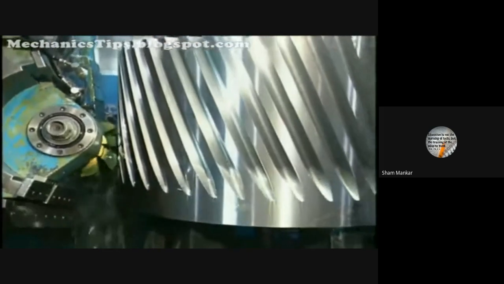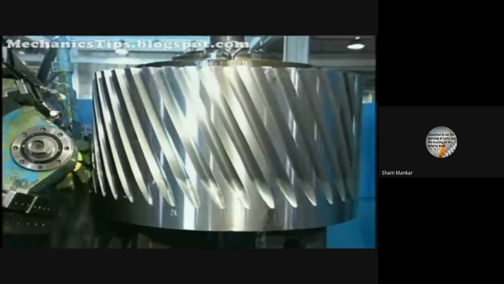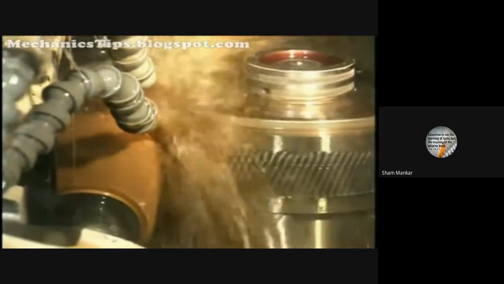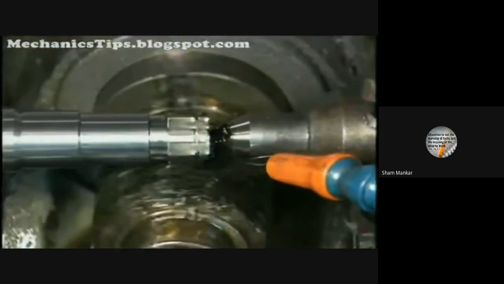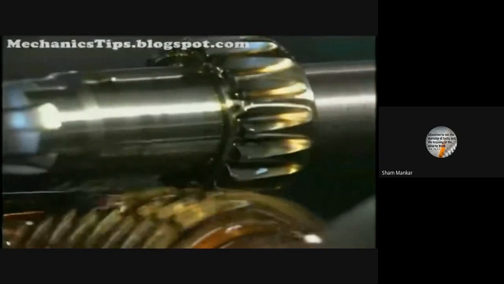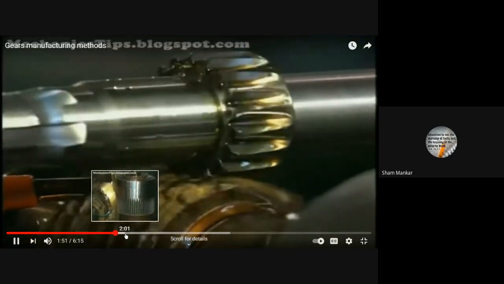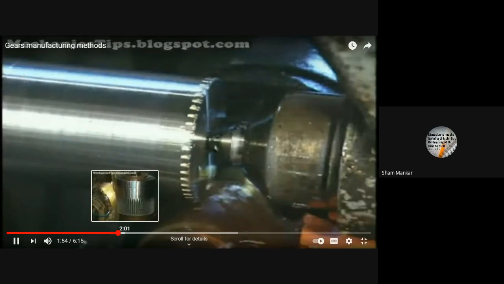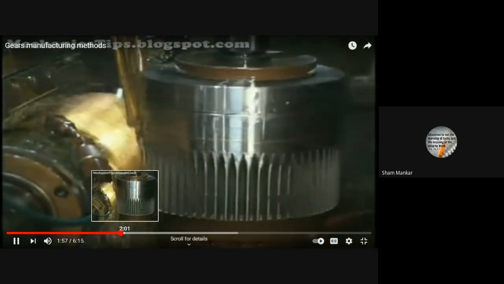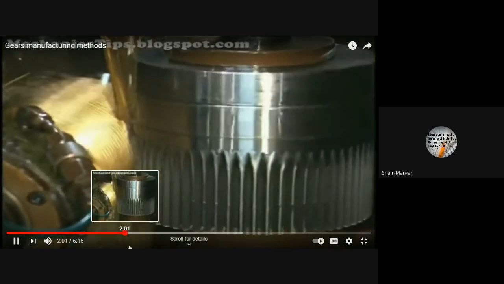Both the hob and the gear blank rotate as the hob is fed axially across the face of the blank. Hobbing is the principal method for producing spur gears and helical gears, and is also used to produce many special gear forms. The main limitation of hobbing is that it can only be used to produce external gears. Hobbing can be performed on a single gear blank, but also allows for the stacking of workpieces to increase production rates.